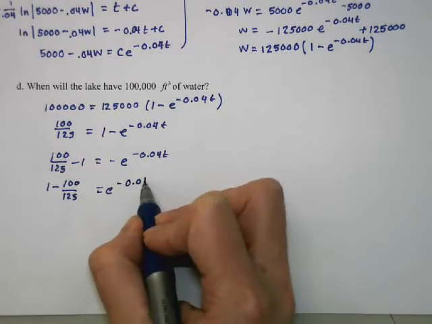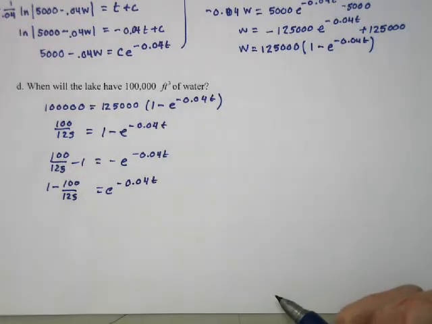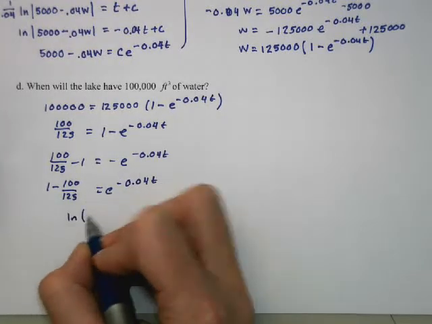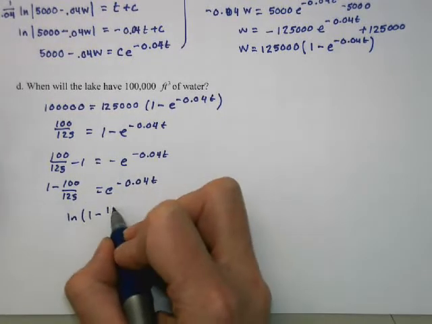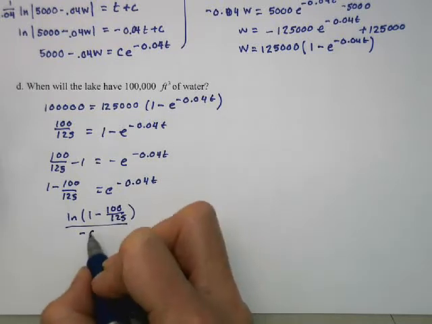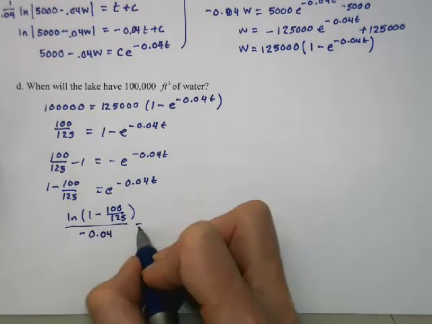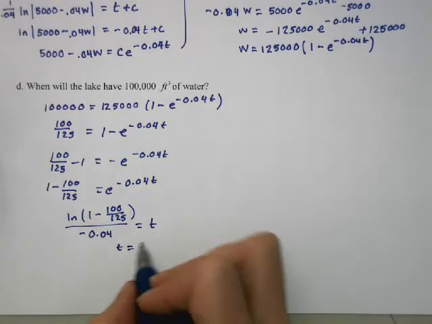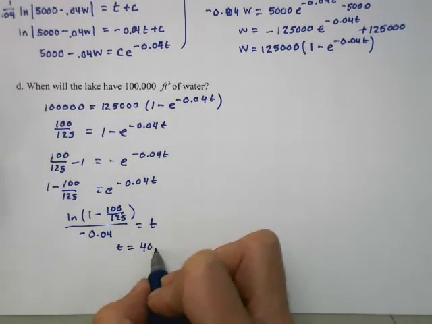Okay, and then we'll take the natural log and divide by that. So we're going to have the natural log of 1 minus 100 over 125 is equal to t. Calculator will give us 40.236, and this is in hours.